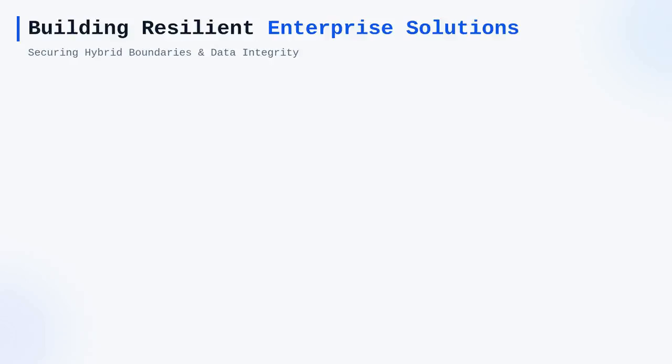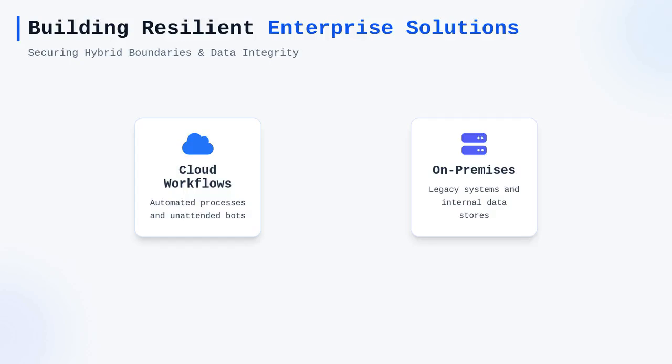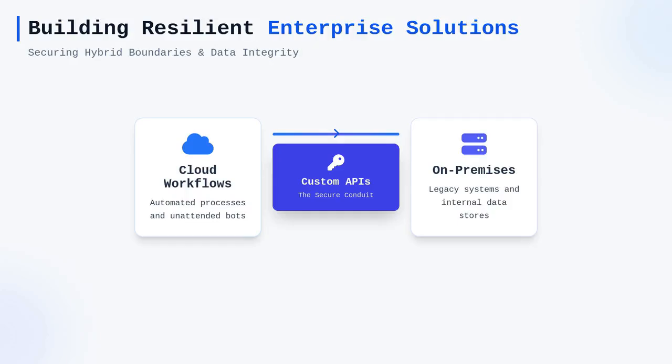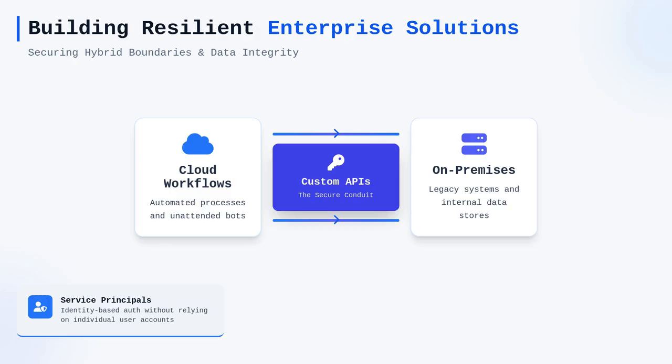When we bridge the gap between cloud-based automated workflows and on-premises systems, we encounter the challenge of maintaining trust, identity, and integrity. Using custom APIs as a conduit between these environments is a common scenario, but it necessitates careful handling of authentication credentials. Service principals are the industry standard here, providing a way to authenticate against Azure resources without relying on individual user identities.